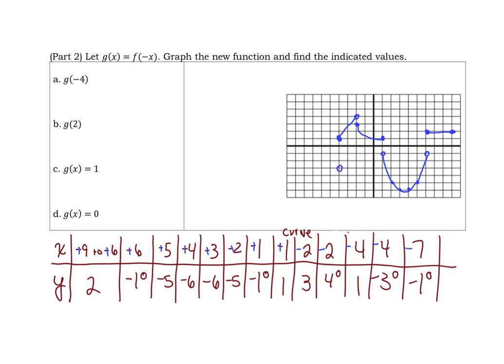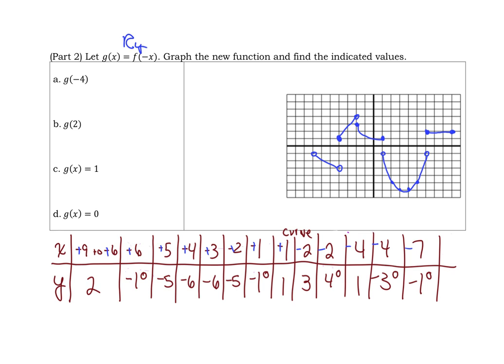And at -7, I'm at -1, and that's an open circle. And there I have graphed changing the x, which means we reflect it over, and hopefully you know why. So this is a reflect over y when I change the x.